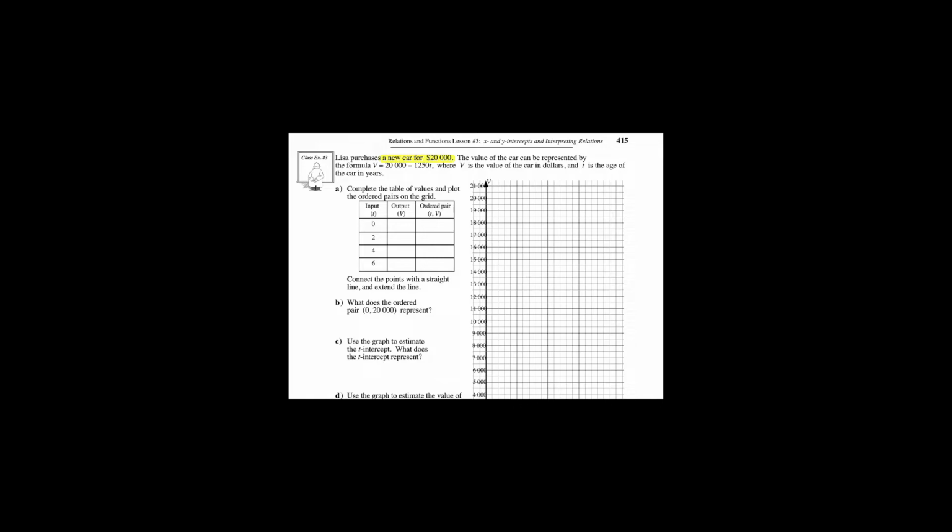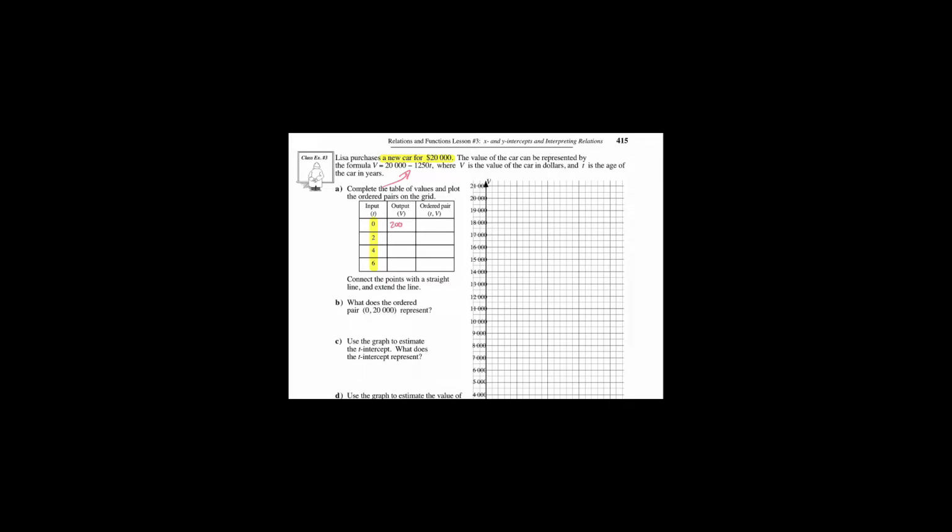So if we look at this table, it's saying let's take our inputs, which are going to be right down here, and put them into this formula right here. If I replace T, which is our input, with 0, that's going to kill that, and we're going to end up with 20,000 minus 0, which is going to be 20,000.